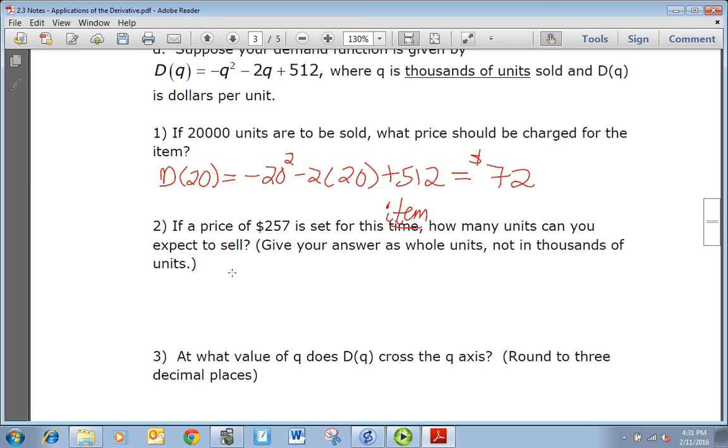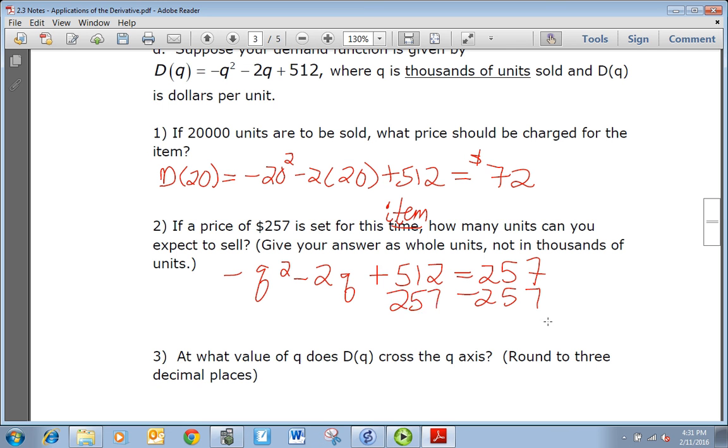This one, we're going to take our demand function and set it equal to the price that we want and solve for Q to get how many units. So you just need to subtract 257 from both sides since it's a quadratic function, and you get negative Q squared minus 2Q plus 255 equals 0.